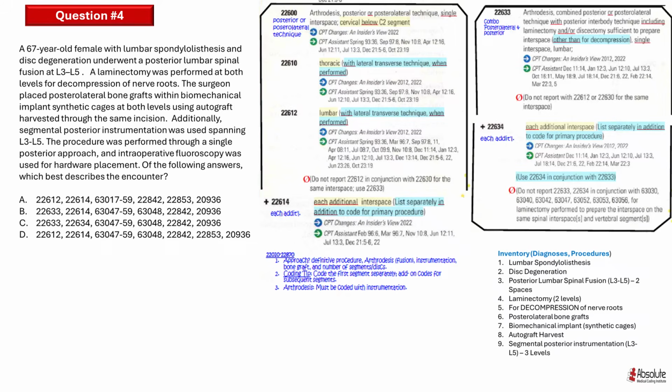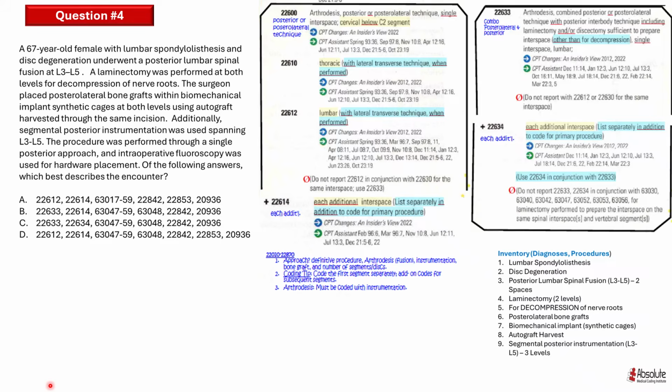All right, before we get started, I just want to point out my observation. When you got these long answers, sometimes you just kind of have to make it make sense. And I'm going to just point out that A and D have the same primary code, and B and C have the same primary code.